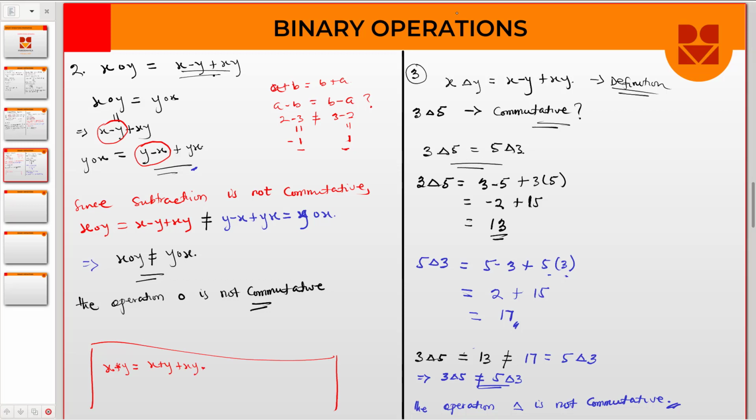Using this definition, find out whether 3 star 5 commutes. Then try and leave your answer in the comment section below.